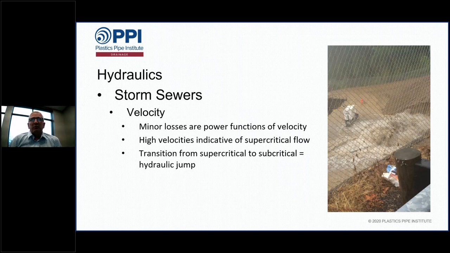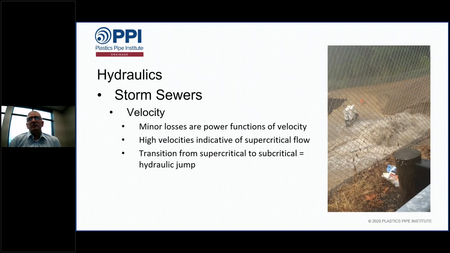The other thing that's important about velocity is that high velocities are indicative of generally supercritical flow. And at the end of the storm sewer, when we finally flatten out and we end up in the stream or wherever, we can make a transition from supercritical flow to subcritical flow. And whenever we do that, we get a hydraulic jump.